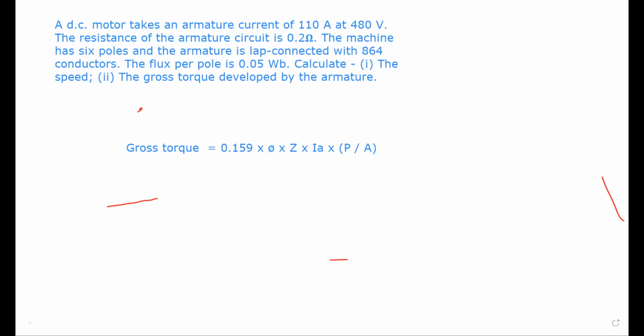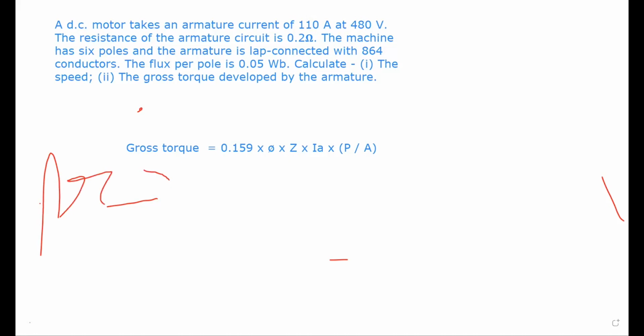So basically, gross torque is the measure of total twisting force generated by the motor armature. So how much total torque your armature is generating, that is known as the gross torque.